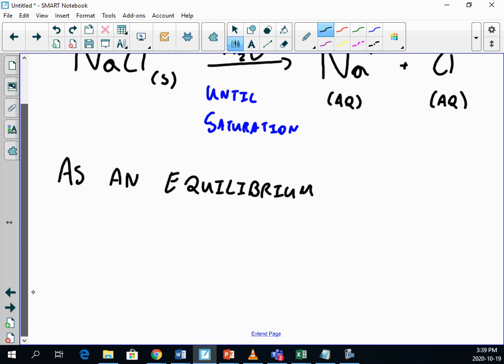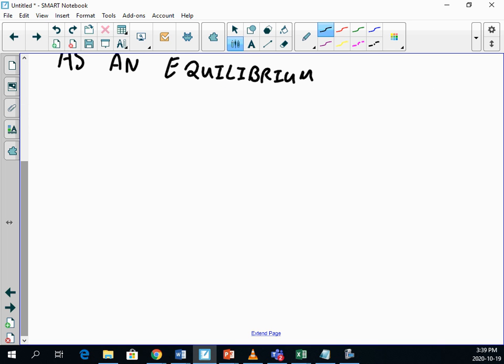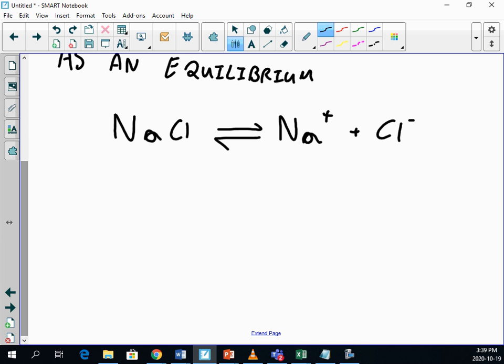We want to consider the fact that in the water, solid sodium chloride, NaCl, can be broken down into sodium ions and chloride ions. But also, those sodium ions and those chloride ions can react within the water, collide with each other, and hold on in a way that rebuilds solid sodium chloride. So this is actually an equilibrium.